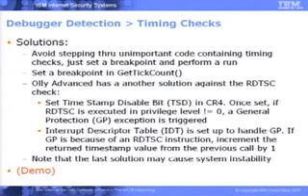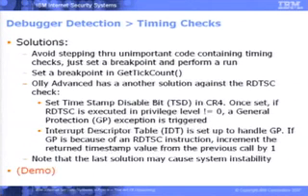OllyAdvanced has another option against the RDTSC check. It installs a kernel driver that will set the timestamp disable bit in control register CR4. If that particular bit is set, once you call RDTSC at a privilege level other than 0, a general protection exception will be triggered.